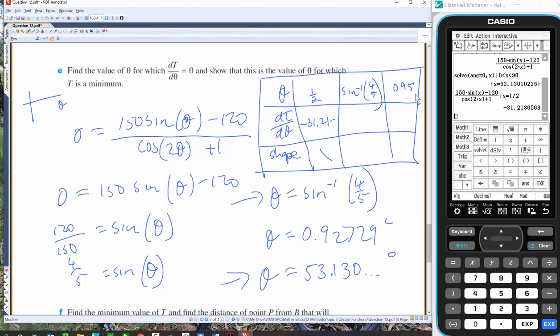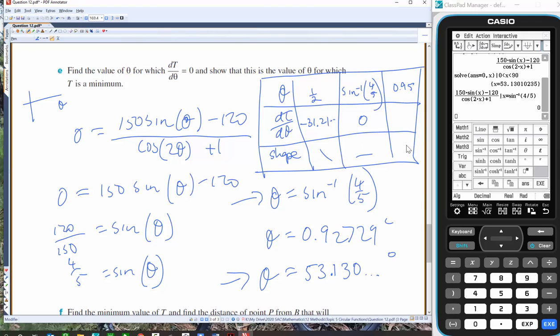All right, now I'm going to say, what's your gradient at the inverse sine of 4/5? And hopefully what this does is it says my answer is 0. It does. And that makes sense because that's where the stationary point is, or the minimum.